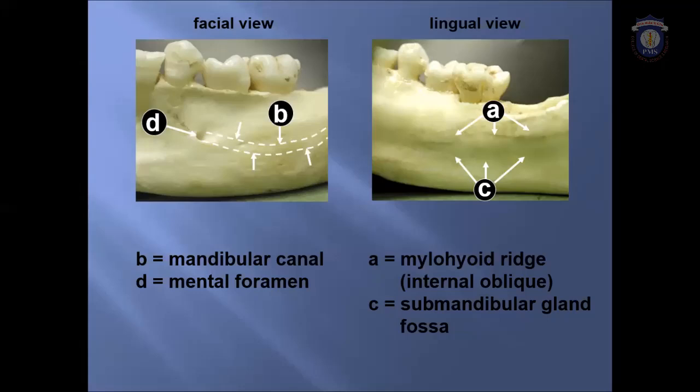Area C is a depressed region in the lingual aspect of the mandible where the submandibular gland rests. That area is referred to as the submandibular gland fossa.